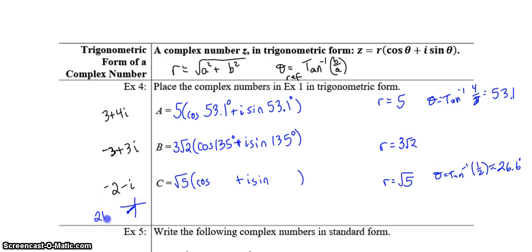So there's your 26.6 right there. Add 180. So 180 plus the reference. Again, make sure you're in the right quadrant when you do these. Your theta's got to be in the correct quadrant.